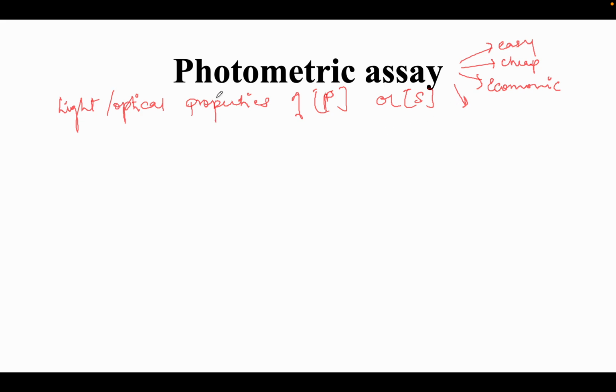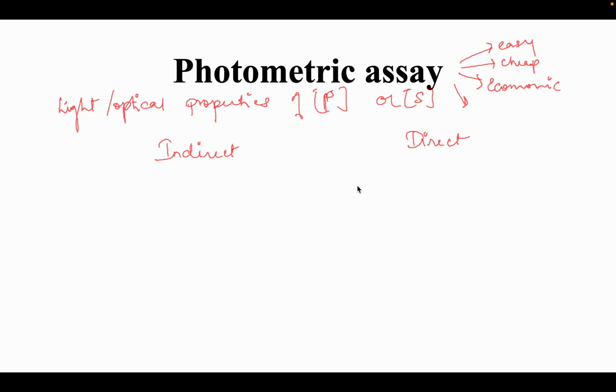The photometric assay could be either indirect or direct measurement. So what is indirect assay and direct assay? Let's first understand direct assay.